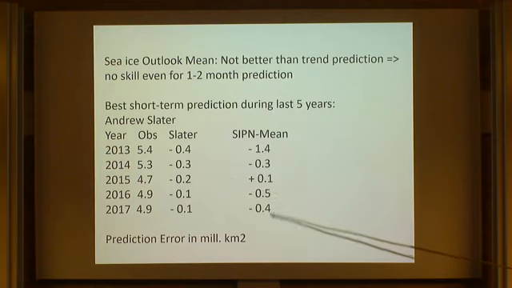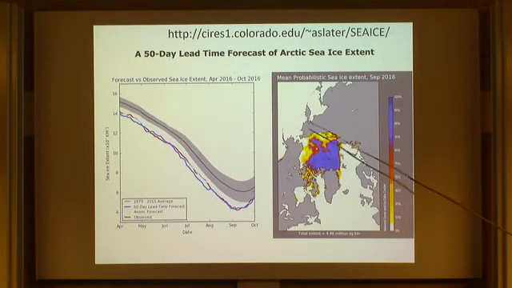This is the comparison, the prediction error from the mean SIPN. So he had a very skillful prediction, which is based on a 50-day lead time forecast of Arctic sea ice extent with a model simulation, which accounts for probability and uses this as a prediction for the whole extent.